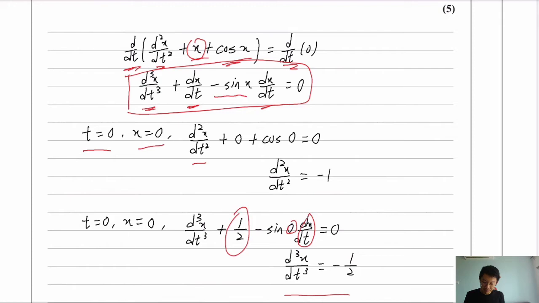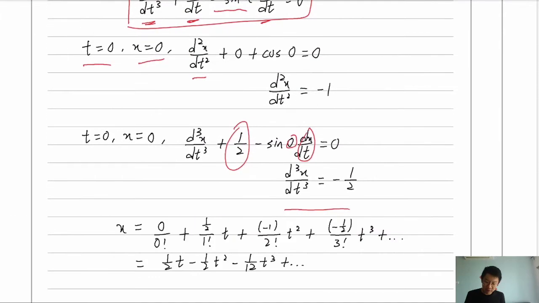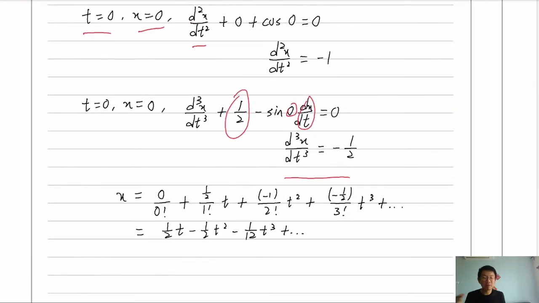Because we have all these values already, we can write out the Maclaurin series for x, in terms of t. So x equals, this is the value of x when t equals 0, this is for dx/dt, this is for d squared x over dt squared, and this is for d cubed x over dt cubed.